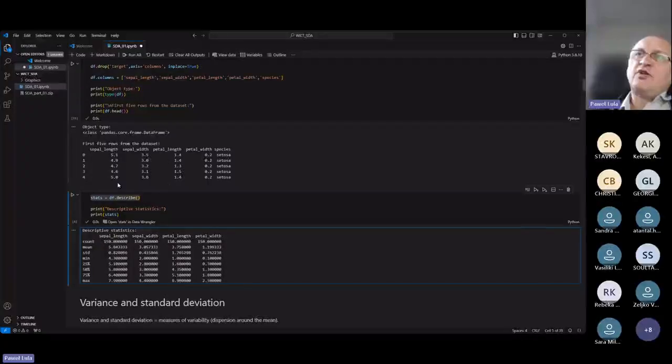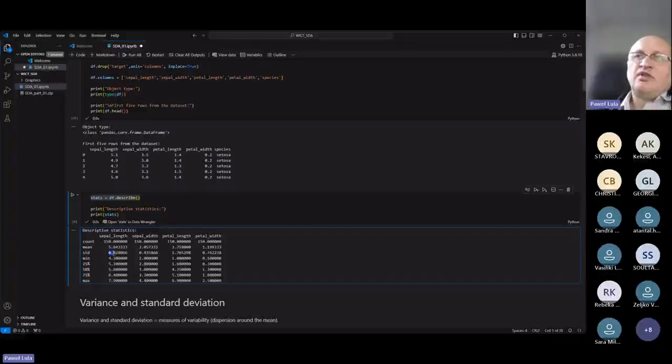So for the first column, for the variable sepal length, it is 5.84. Mean value. To calculate mean value, we know we should sum up all values and next divide them by the number of observations. It means by 150.